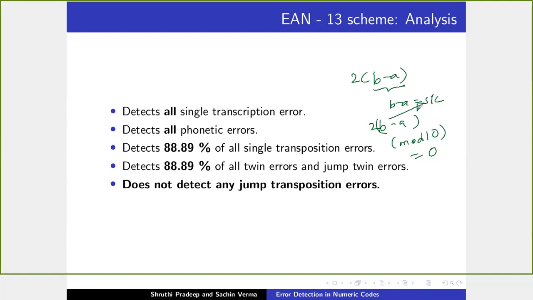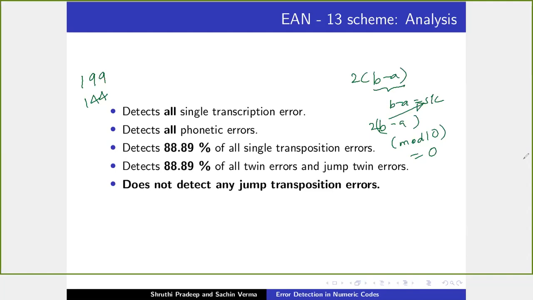For example, take the code word as 199 and 144. We can find the check digit for both of them.